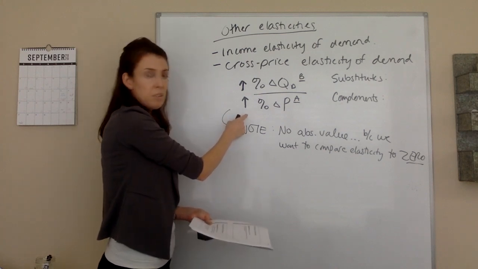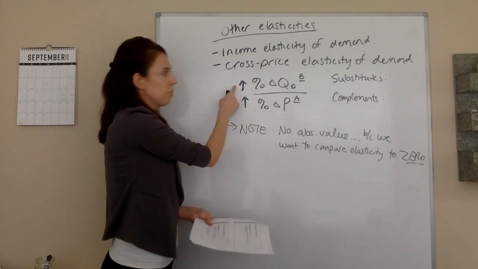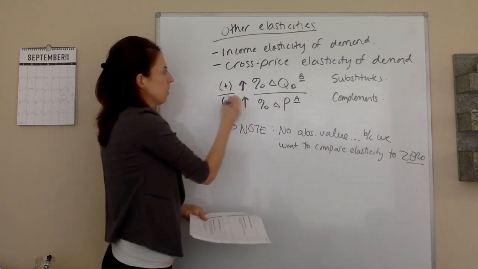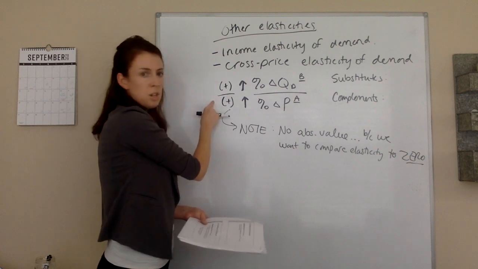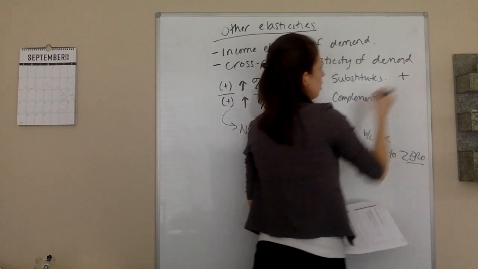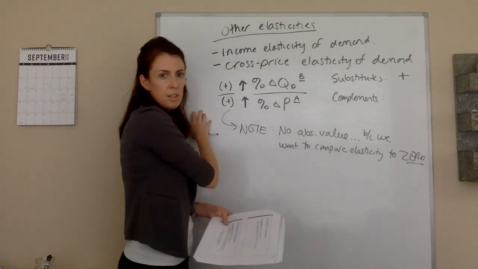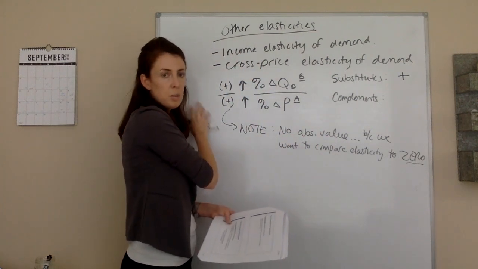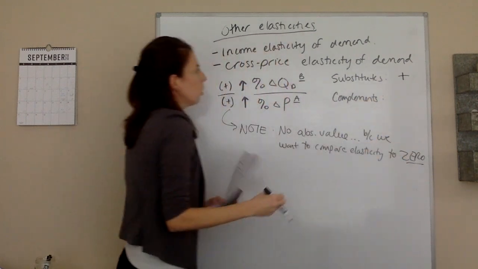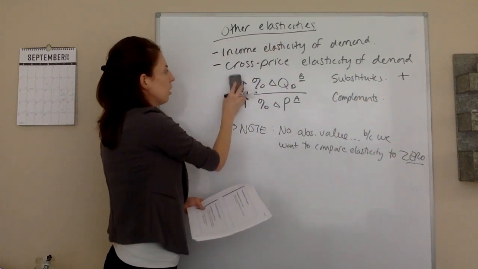So you're kind of priced out of this market, so you increase your consumption in the other market. Okay, when this is the case, you're going to have a positive numerator and a positive denominator, so the overall ratio is going to be positive. So when you calculate the number for the cross-price elasticity of demand, it should be a number that is greater than 0. It's positive.